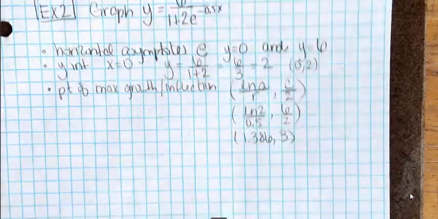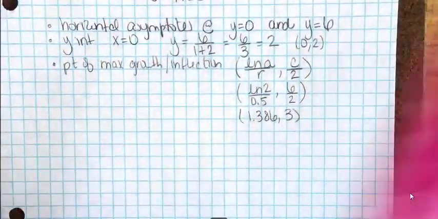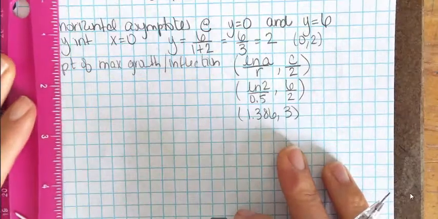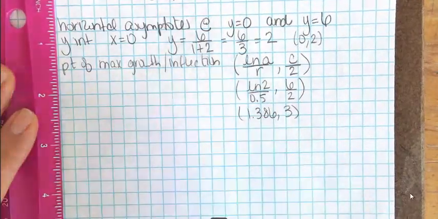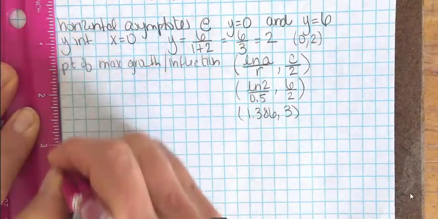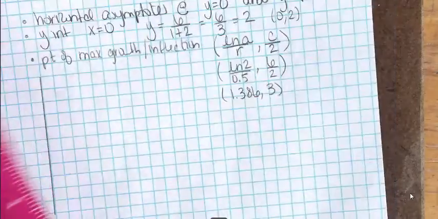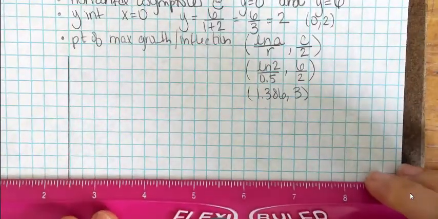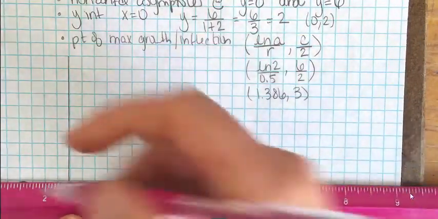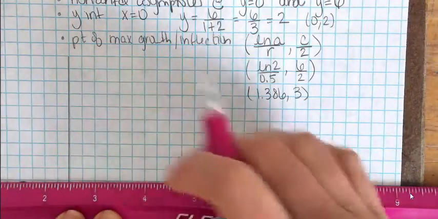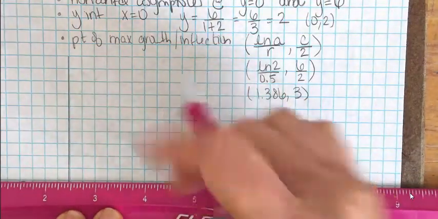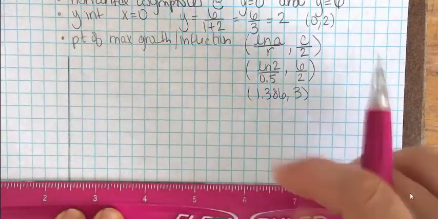Okay. And now we can just put this all together and do a pretty simple graph. I don't need any negative x values. I mean, the graph continues in the negative direction, but it's not so important that you have a whole bunch of negative x values, and you definitely don't need any negative y values because your x-axis is a horizontal asymptote.